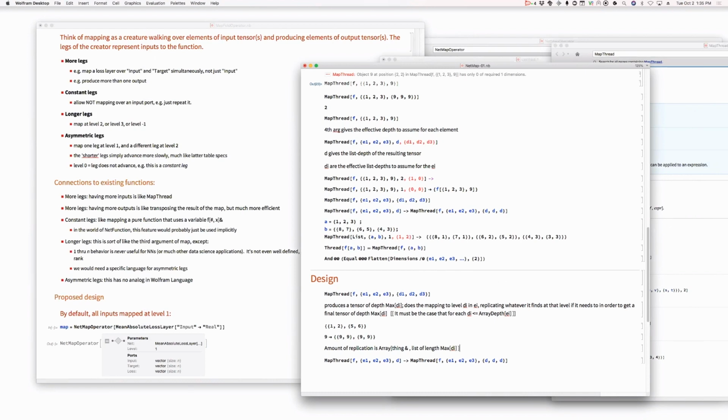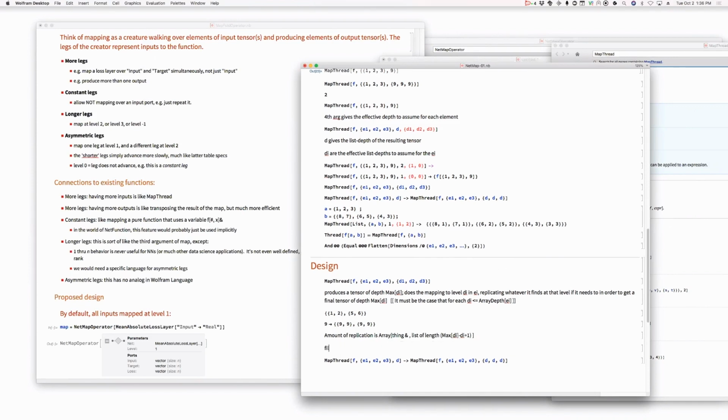Oh, yeah, for this case, I'm sorry. Yes, you're right. I was talking about this case where it's a scalar. Yes, it's the list of length max d I minus d I, probably plus 1. And that's effectively the deficit of rank that you're filling in. That's all it is. It fills in whatever rank a particular element doesn't have, so to speak.